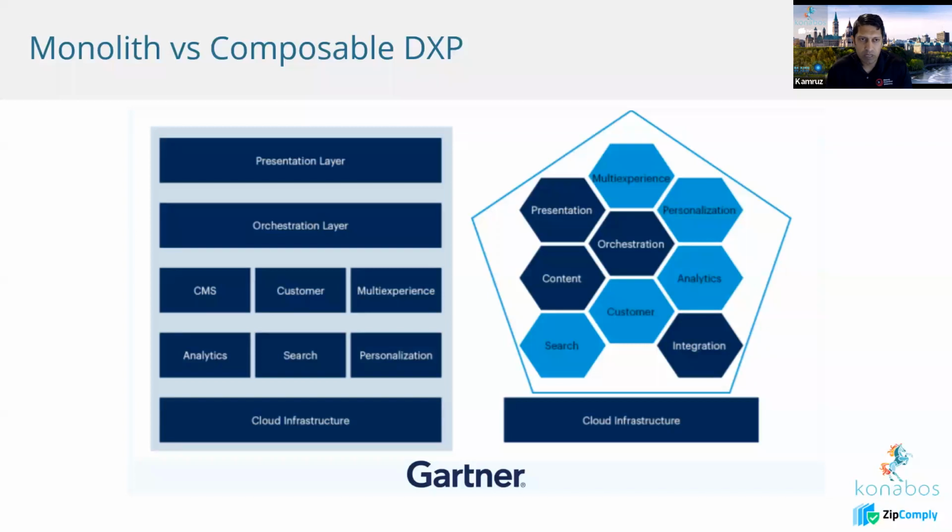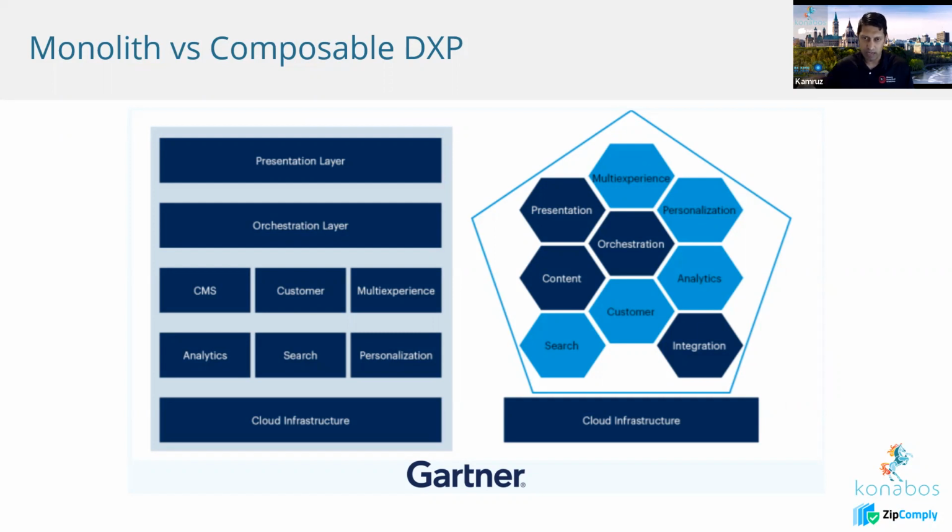So let's start with what is a monolith or a traditional CMS versus a composable DXP. The traditional CMS, like the Sitecore XM/XP stack that we've been used to, is an all-in-one system. So we are dealing with the content management aspects of the content itself, but then we also head straight into the orchestration layer and the presentation layer.